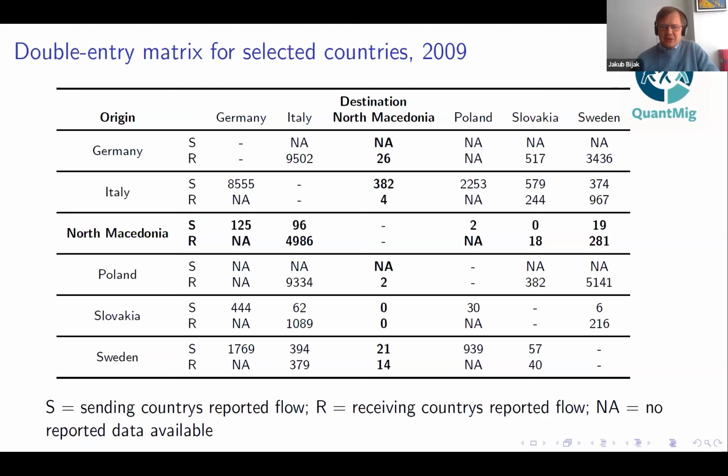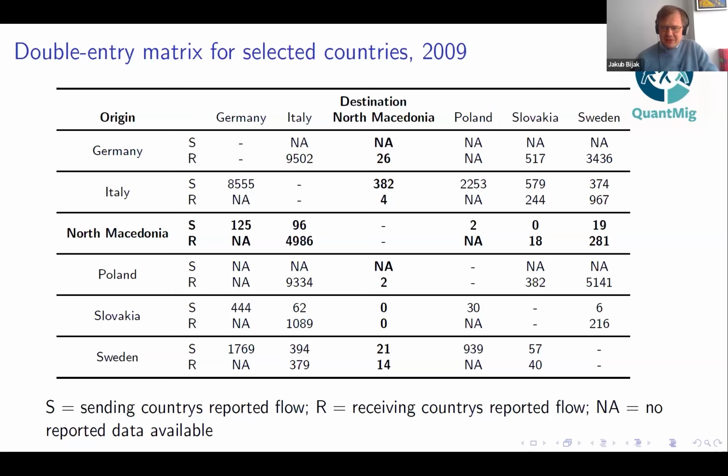And North Macedonia is included because besides doing the core work for QuantMig, we also did a bit of a spin-off piece of work for North Macedonia, helping them understand their migration processes through the lens of statistics from other countries. So all in all, the picture is, as you would expect, many countries either do not have the data or do not report the data to Eurostat.